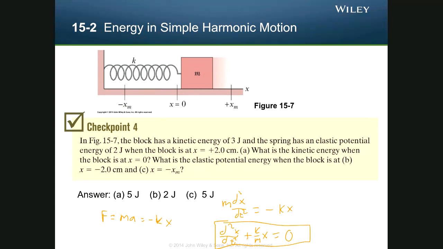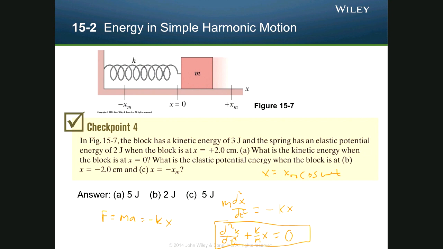So this is an ordinary differential equation, and in the next level or intermediate physics, this is how you would describe the motion. And then when you solved it, your answer would be that x equals, omega t. Okay?